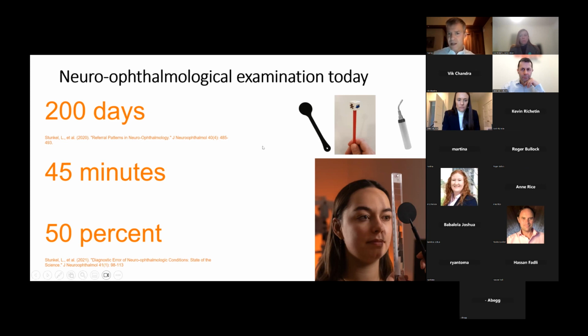So there is a lack of access to neuro-ophthalmology, and it's time-consuming and it's difficult. So no wonder people very often get it wrong. So you have a problem in your neuro-ophthalmic network. There is a roughly 50% chance that the first doctor will get it wrong and the wrong measures are being taken.